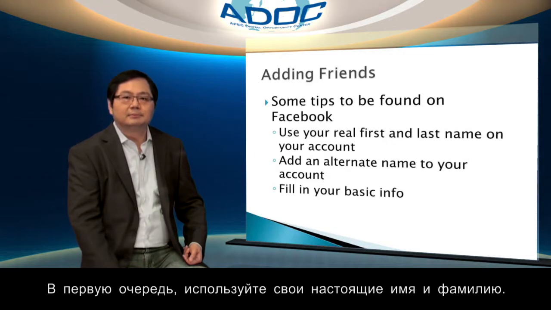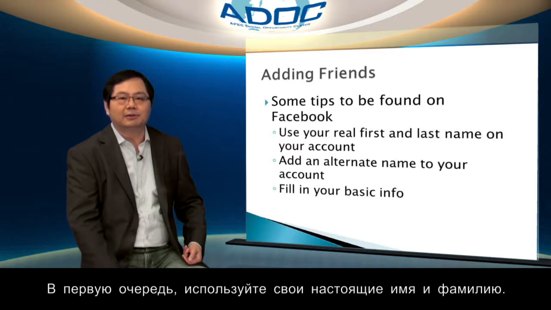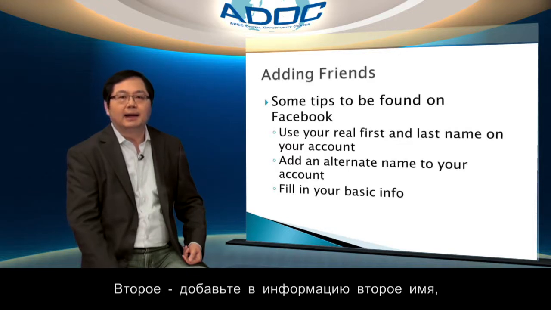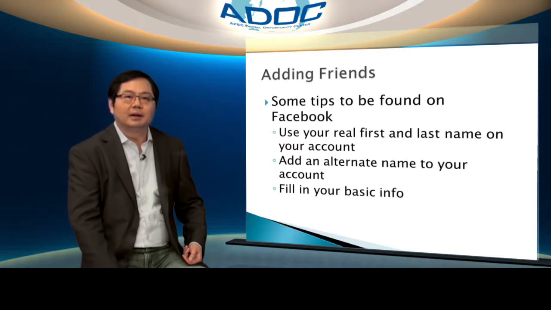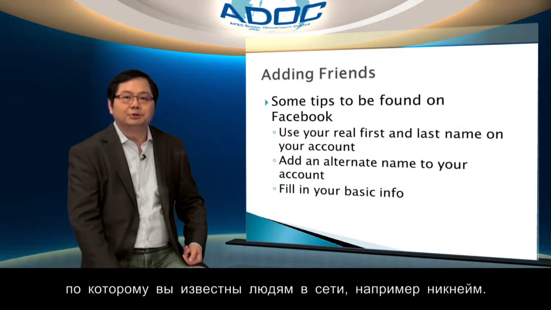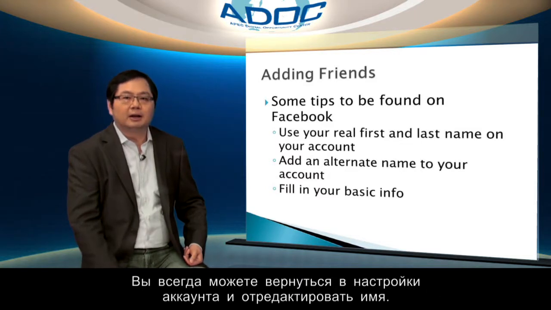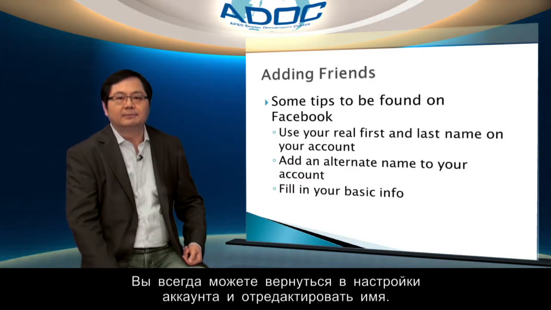First, use your real first and last name on your account. Second, add an alternate name to your account. If people know you by another name, for example, a nickname, you can go to Account Settings and edit your name.